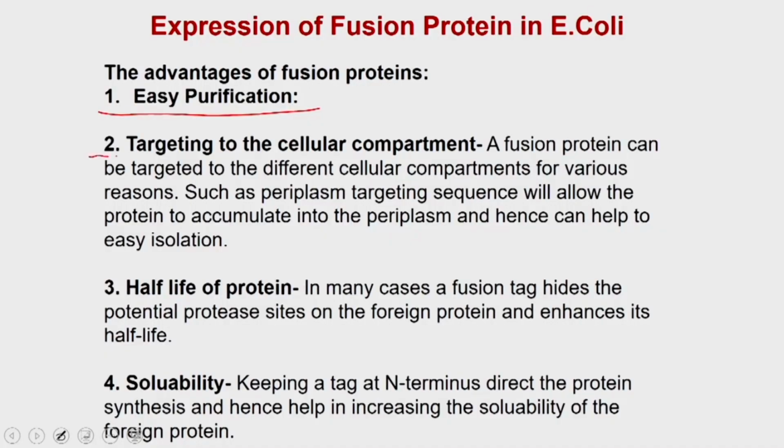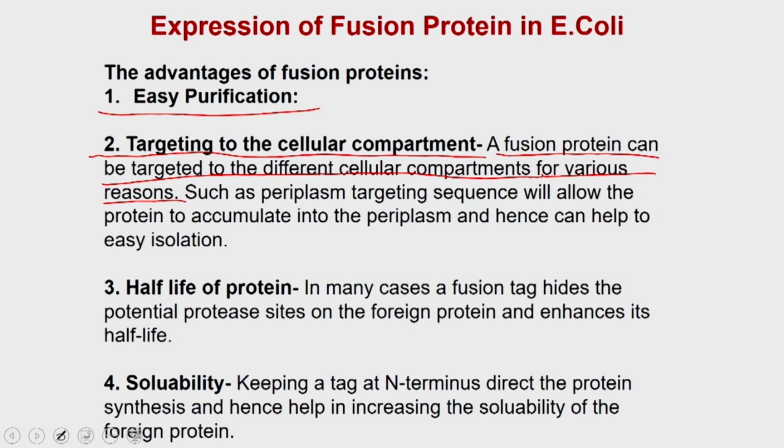Now, since you have the tags, you can plan the experiment in such a way that you target the overexpression of your protein to a specific cellular compartment. A fusion protein can be targeted to different cellular organelles for various reasons. This is more of an advantage for academic purposes.